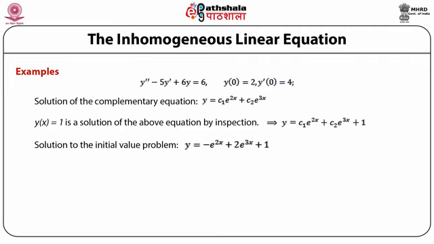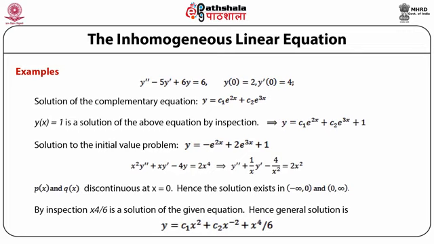Another example where the differential equation is given by x square times y double prime plus x times y prime minus 4y is equal to 2 times x raised to power 4. The equation may be rearranged as y double prime plus 1 by x times y prime minus 4 by x squared times y is equal to 2x squared. Both p of x and q of x have a discontinuity at x is equal to 0.